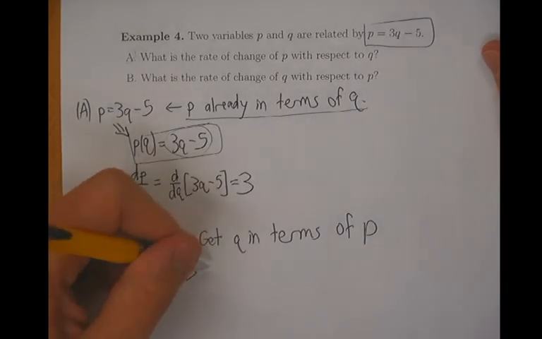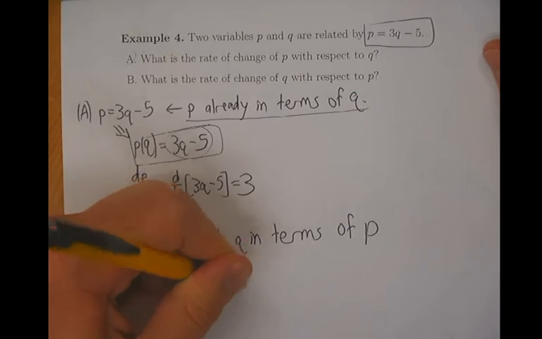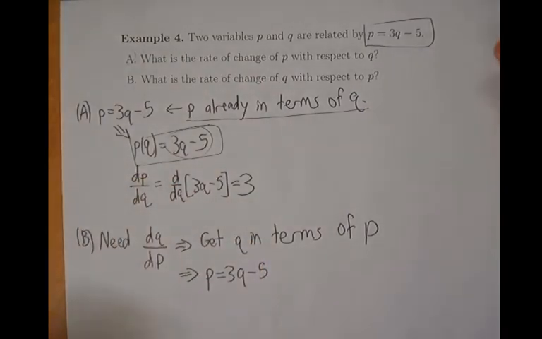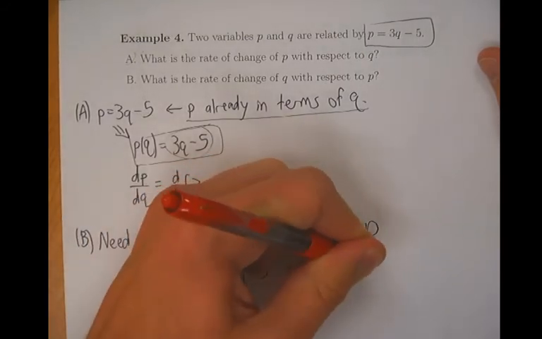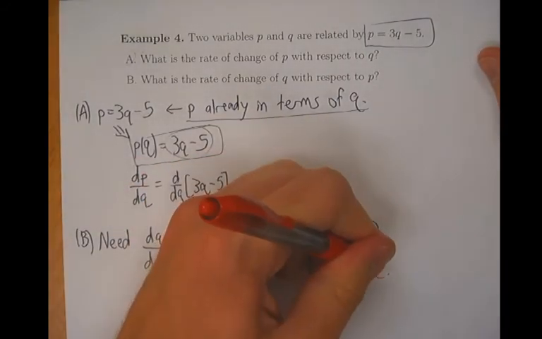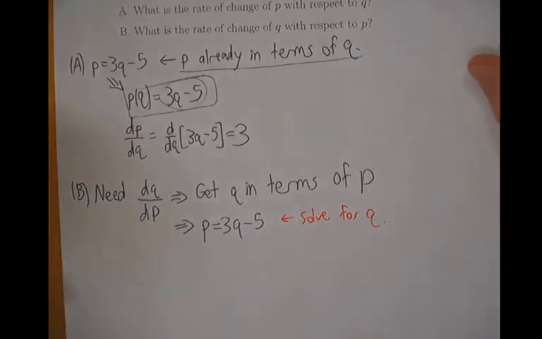So if we have p equals 3q minus 5, that means we need to solve for q. If we were to do that, then what should we get as q here?